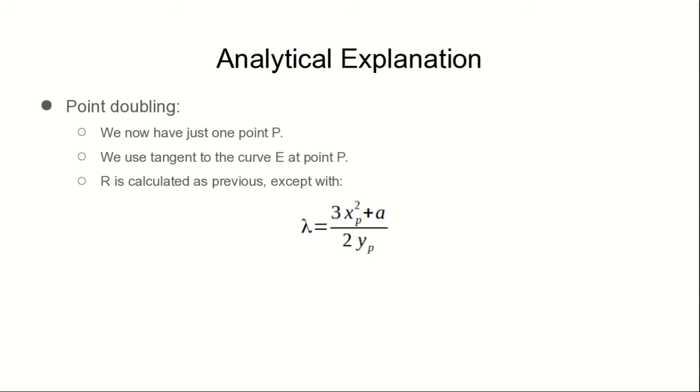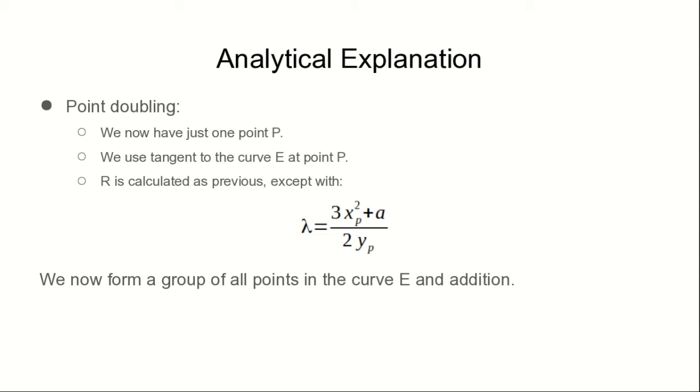With point doubling, we now have just one point P, and we can calculate the result R as in the first case, except with lambda replaced by this equation. We now form a group of all points on the elliptic curve with addition, as in group theory, and the point at infinity is the identity element of that group.